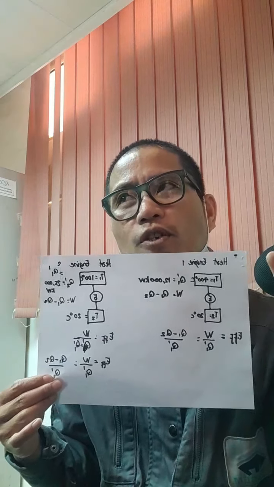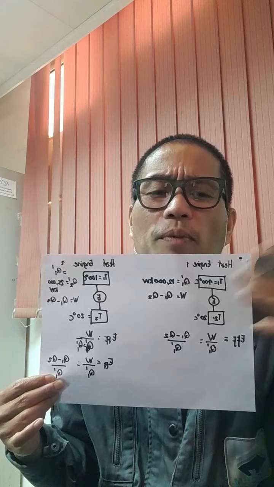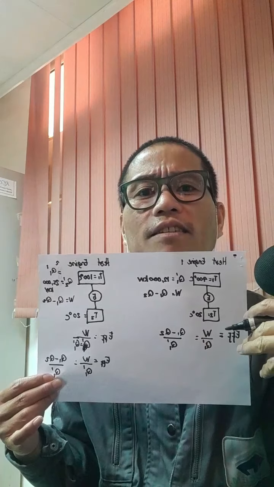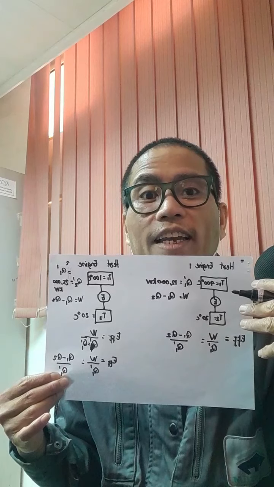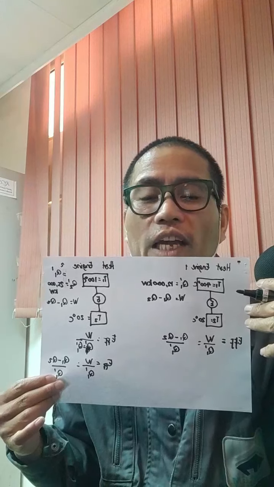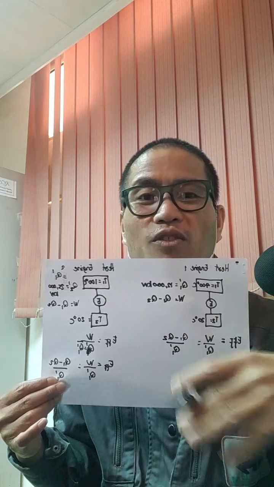Only the symbols changed, to make it parallel with the other side, because these heat engines are identically similar, so there's no need to change the symbols in representing the solution.